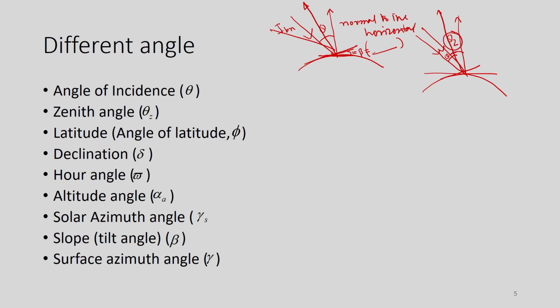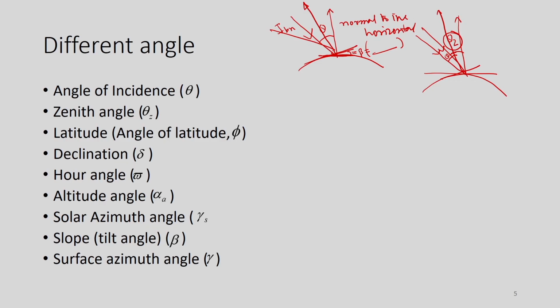So, this is theta z. This should become clear as we draw many angles, and with time you will understand the importance of those angles and how they are different.